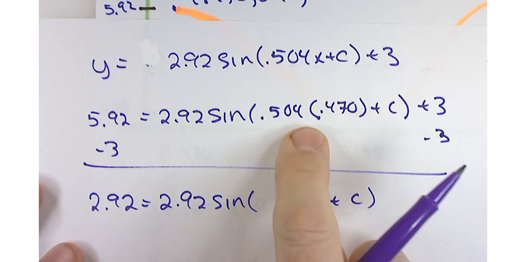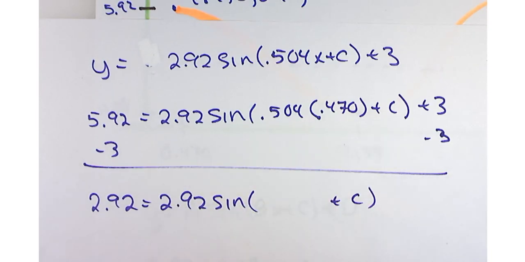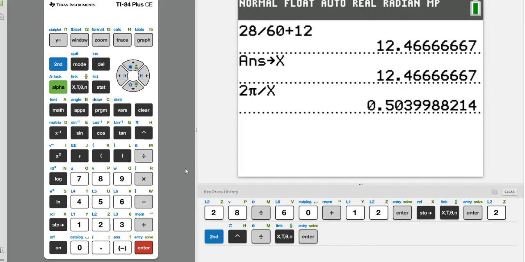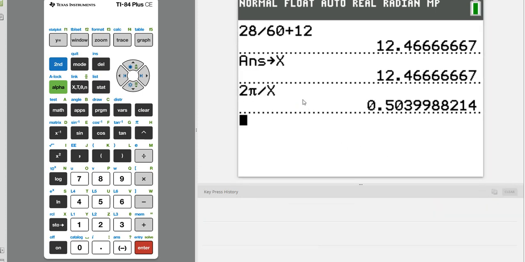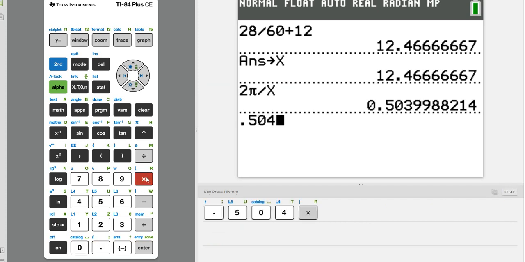Let's figure out what that something is by multiplying those two together. So 0.504 times 0.470. I'll just do 0.47.